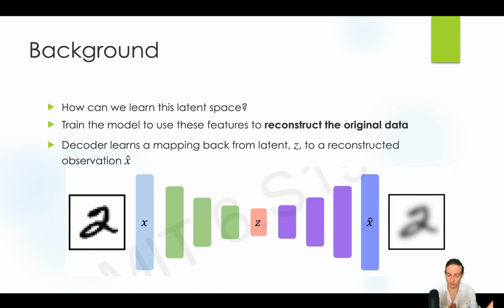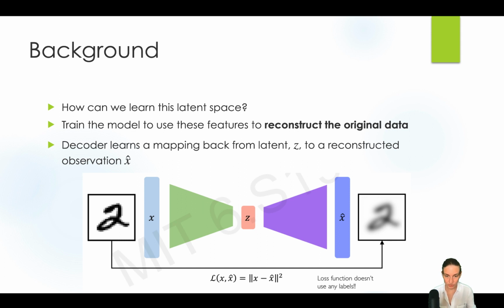So we give it the input, original image, X. We force the representation to become really small. So the important information to reconstruct the image should still be contained in the latent space Z, so that we can then reconstruct in the decoder, this purple area, to come to the reconstructed image X hat, which should, according to our loss function that's minimized, be very similar to the original image.